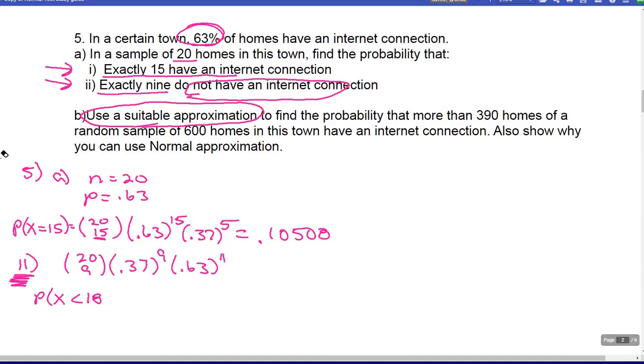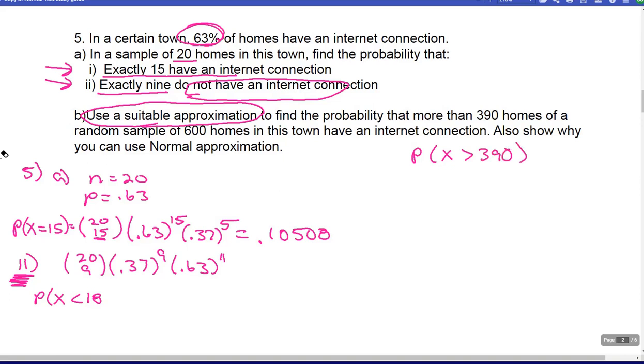These words are telling me that I'm going to take this binomial distribution and solve it using a normal distribution. Does that make sense? Yeah. All right, now, what do I want to find the probability of? That more than 390 homes of a random sample of 600 homes in the town have internet connection.